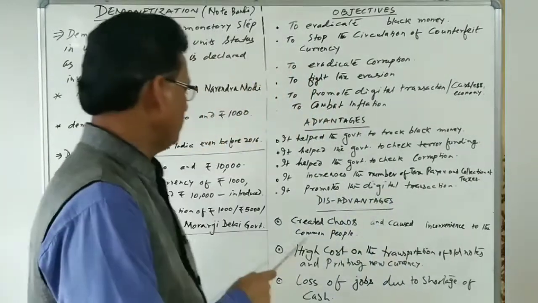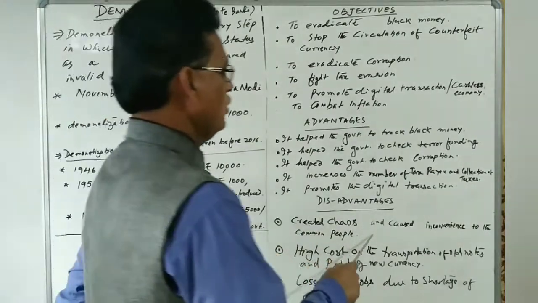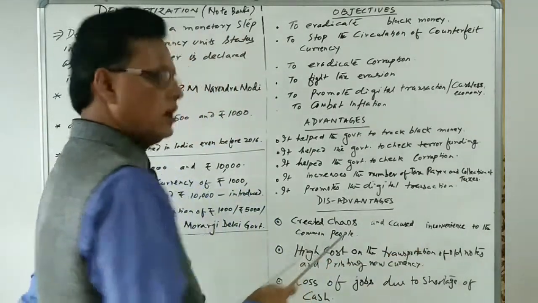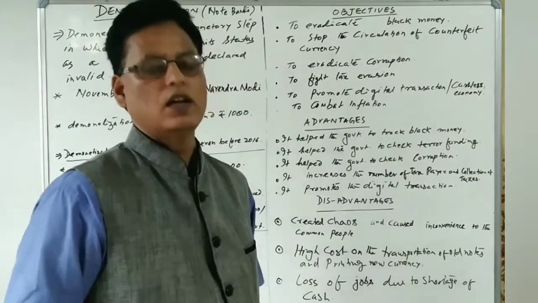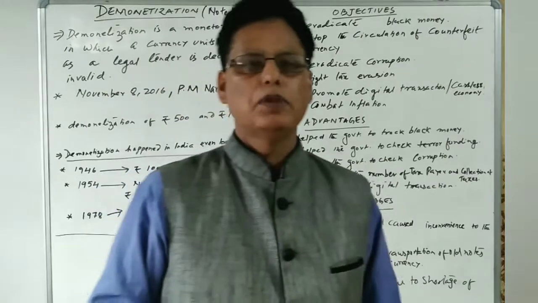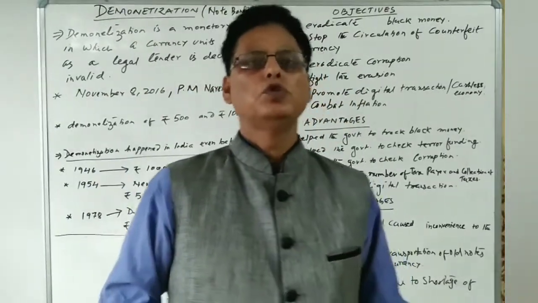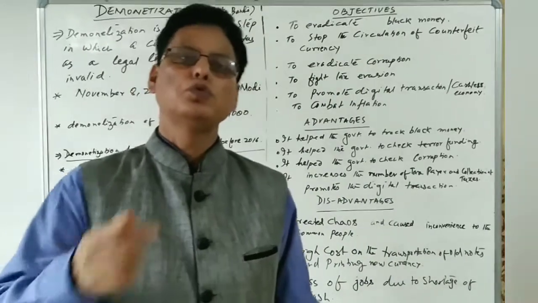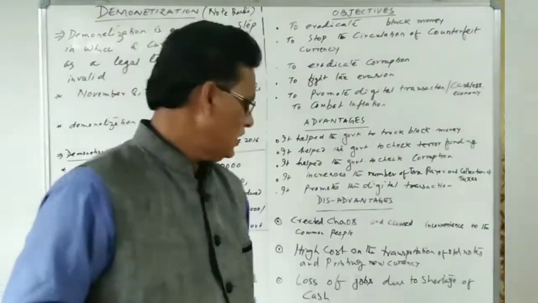So let us see what happened. The first disadvantage is that it created chaos and caused inconvenience to common people. Common people were harassed by demonetization because they were standing in long queues to deposit money or to withdraw cash from the bank or from the ATM.